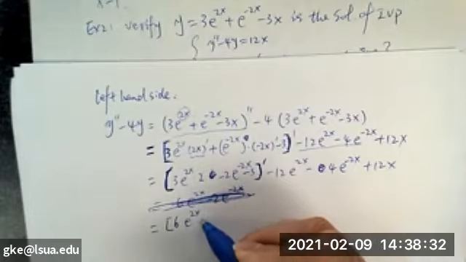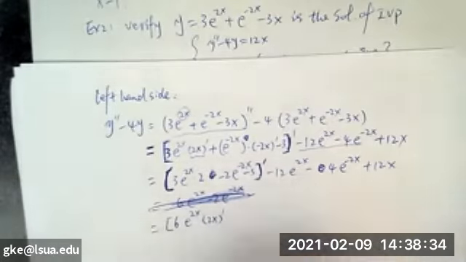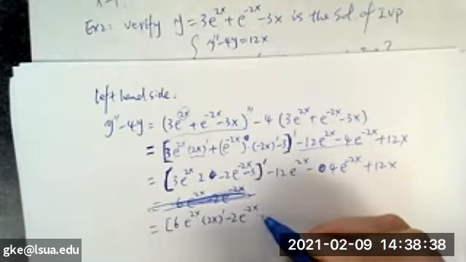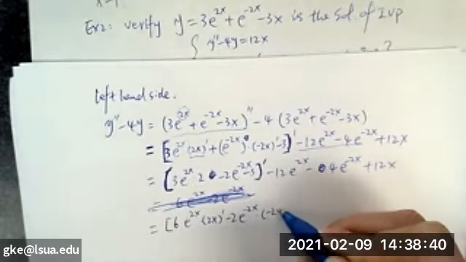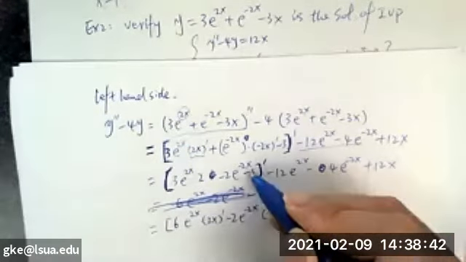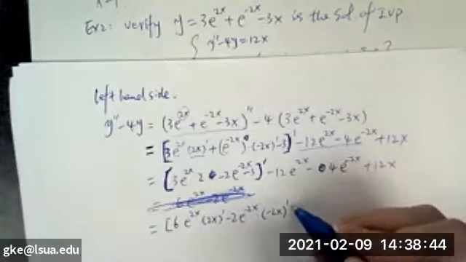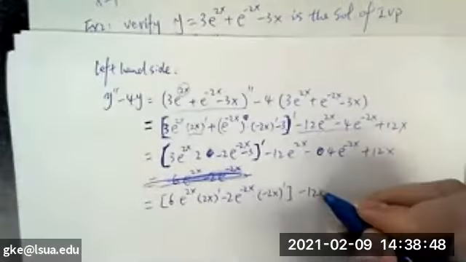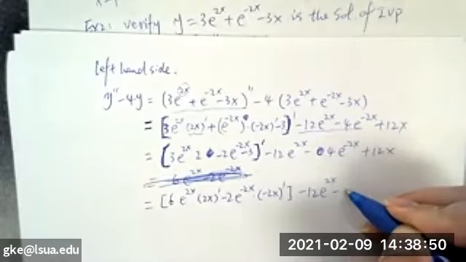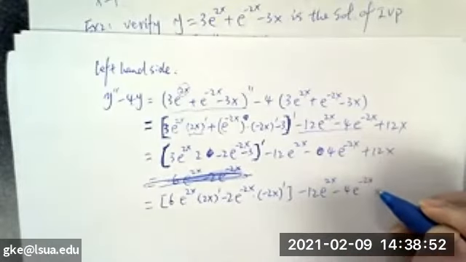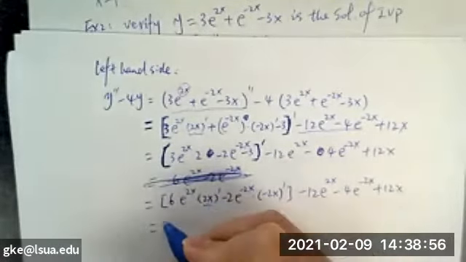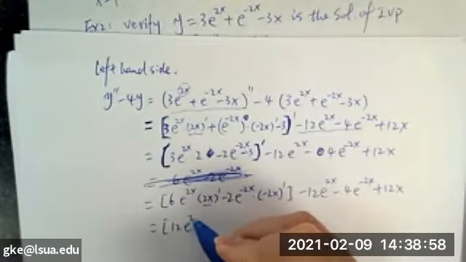And again, we use the composite function. Right, composite function. And the derivative of 3 is 0. And here is still 2, right? So 2 times 6 is 12. -2 times 2 is -4.